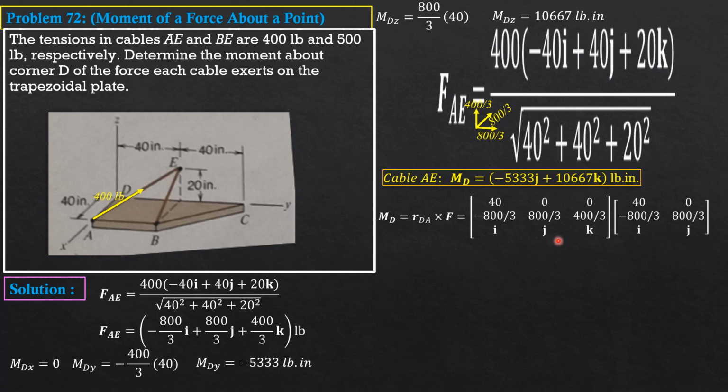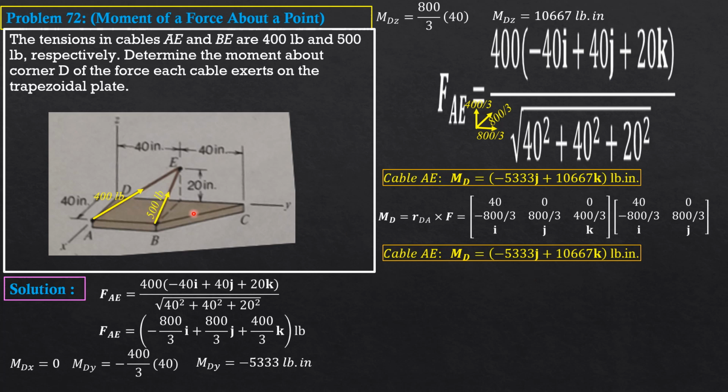Then about the z-axis, 40 times 800/3, positive, then minus 0, so positive 40 times 800/3, which is 10,667. So it checks. The moment about point D due to the tension force in cable AE is negative 5333j plus 10,667k.